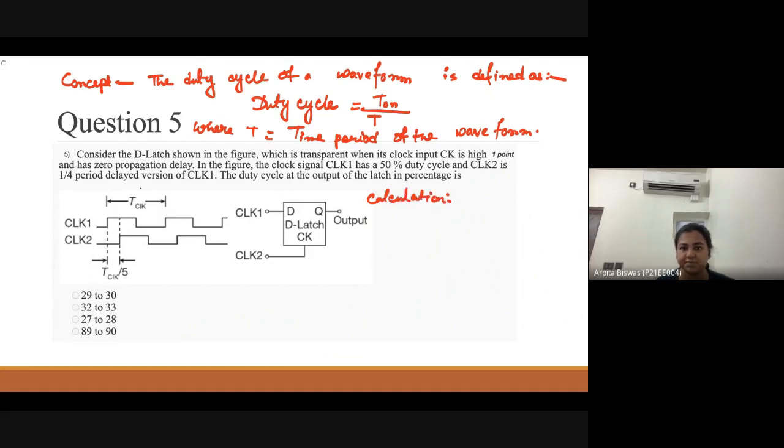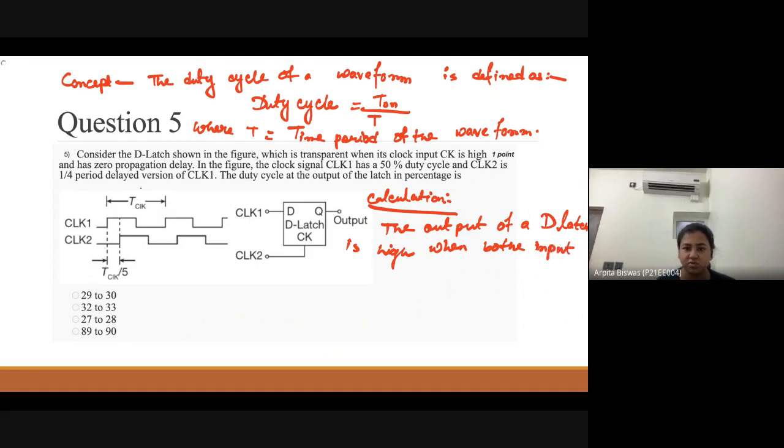Now the calculation part. The output of a D latch is high when both inputs, that means clock 1 and clock 2, are high.